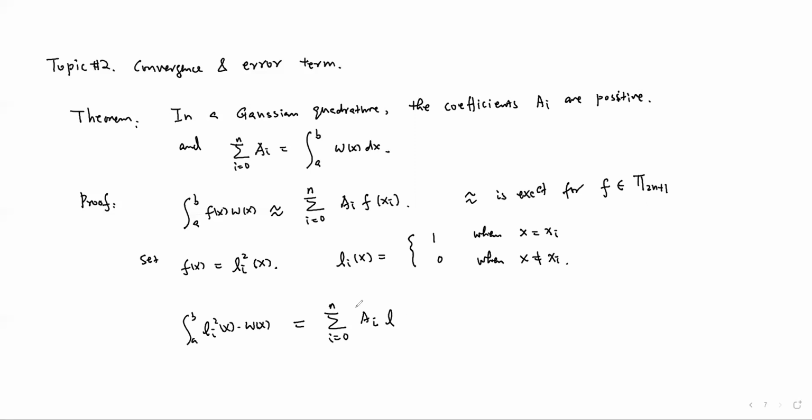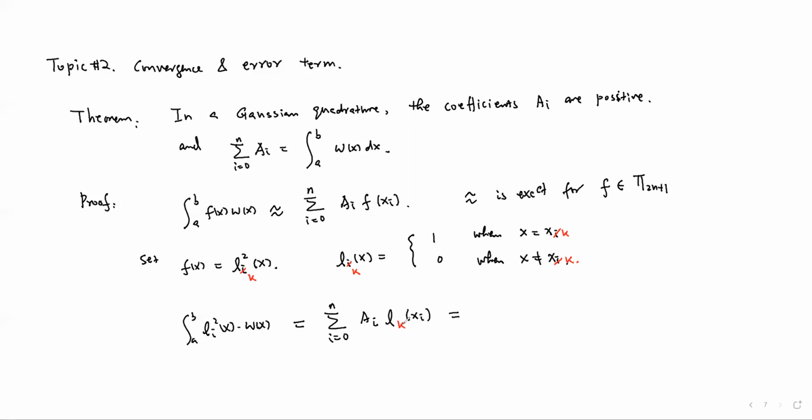How about I use a different index here, say k? So summation a_i Lk square of x_i. But only when i is k is the term non-zero.